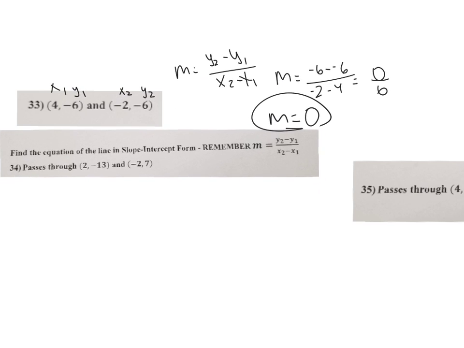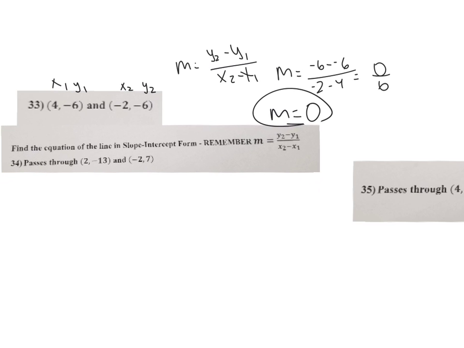Alright, so 34. To find the equation of the line using slope-intercept form, the first thing we do is find the slope. So we say m equals y2 minus y1 all over x2 minus x1.